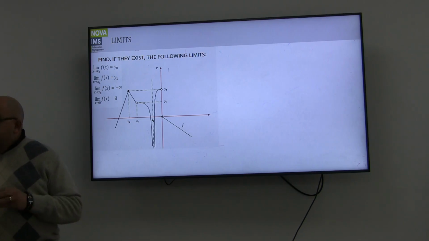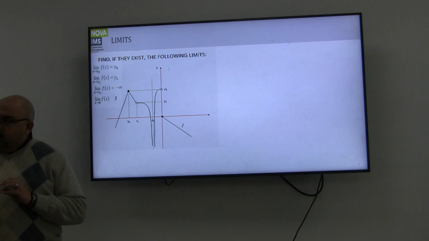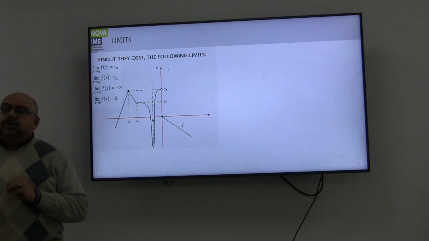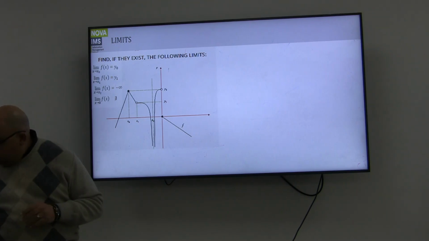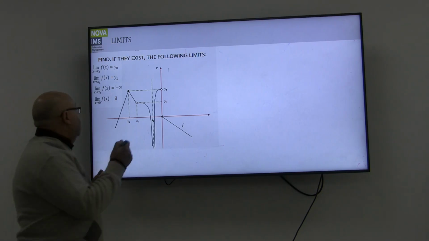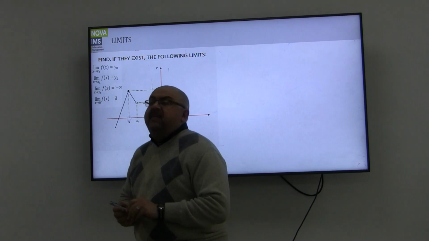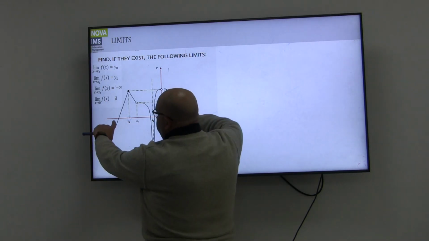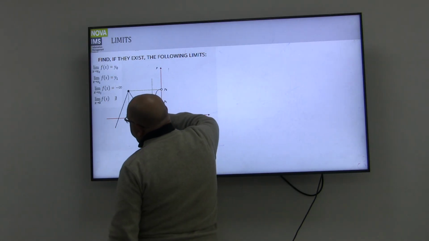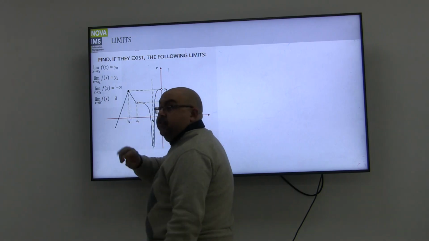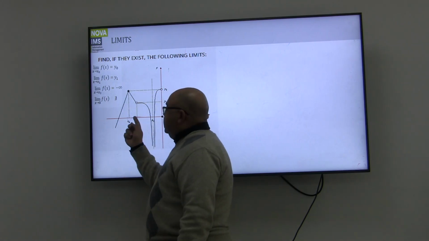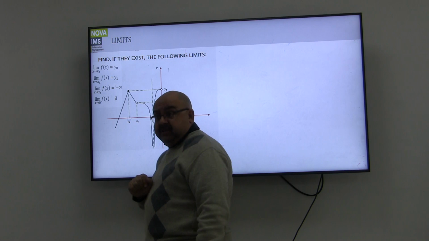Limits usually find the value of f of x when x changes to reach a certain value. If you look carefully at this value, which is x naught, you will find that the x-axis values are approaching x naught from both sides, from the left side and from the right side.